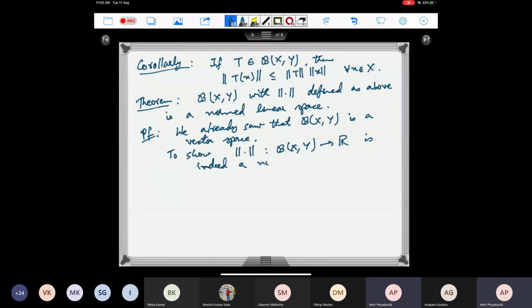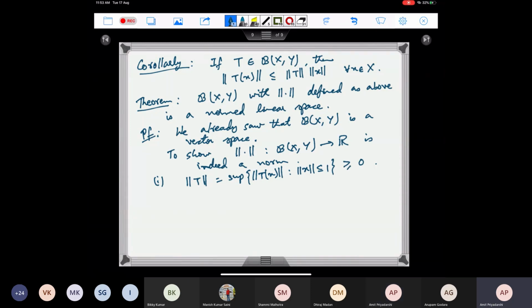Some things are obvious. Norm T, which we defined as the supremum of norm Tx for norm x less than or equal to 1, is obviously greater than or equal to 0.